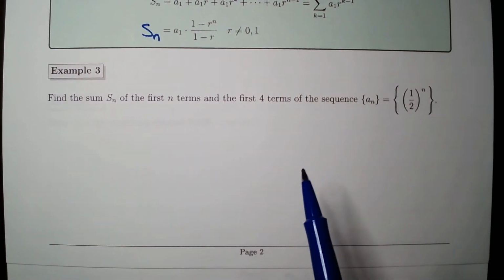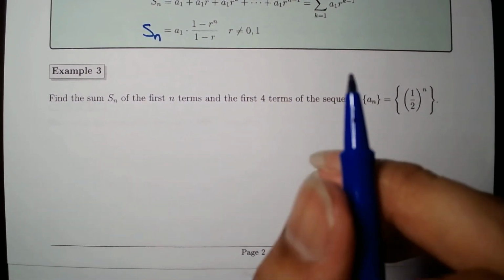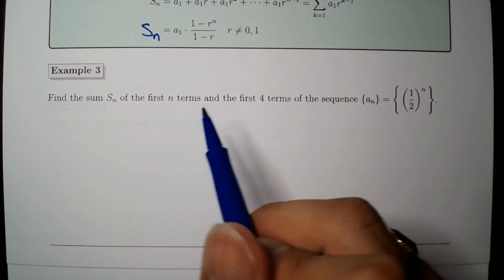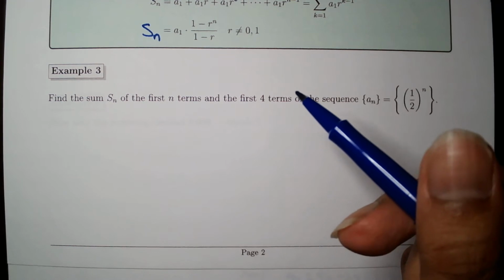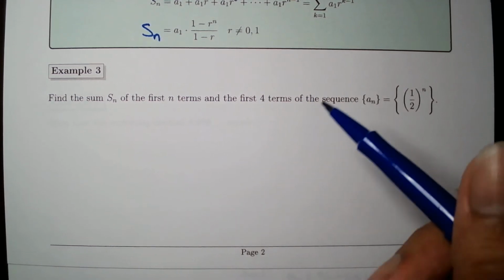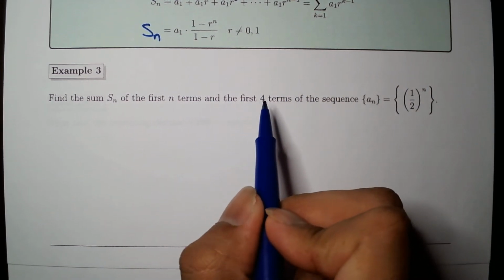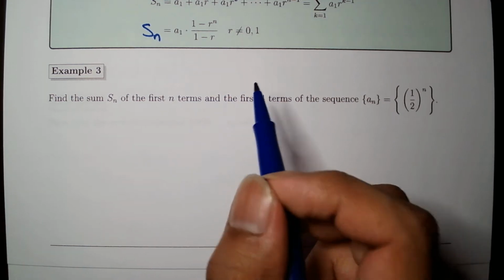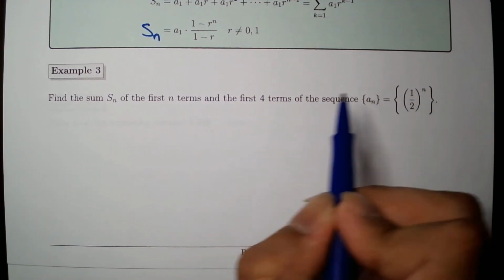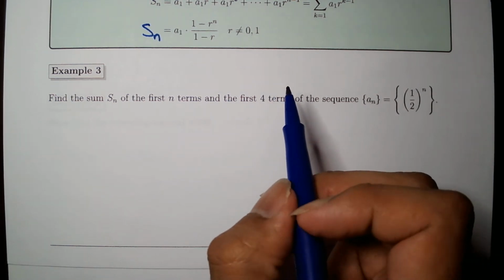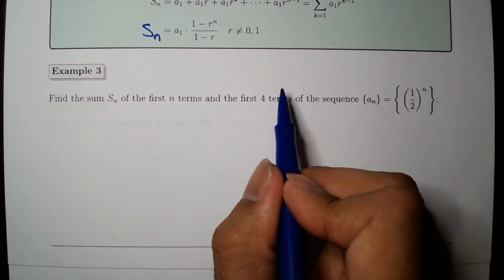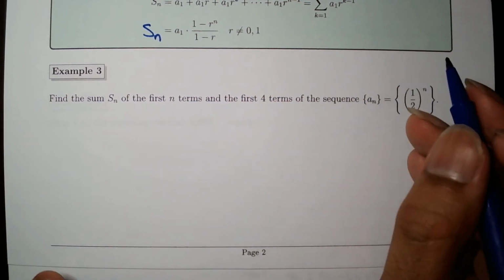In a very similar way that we did for the arithmetic sequence, we found a general formula for the sum of the first n terms, and then we looked for the first, I believe I did 67 terms. In this case, for fractions, it's going to be a little bit weird to have that many terms. We're going to have a lot of decimals. So 4 terms is going to be fine in this case.